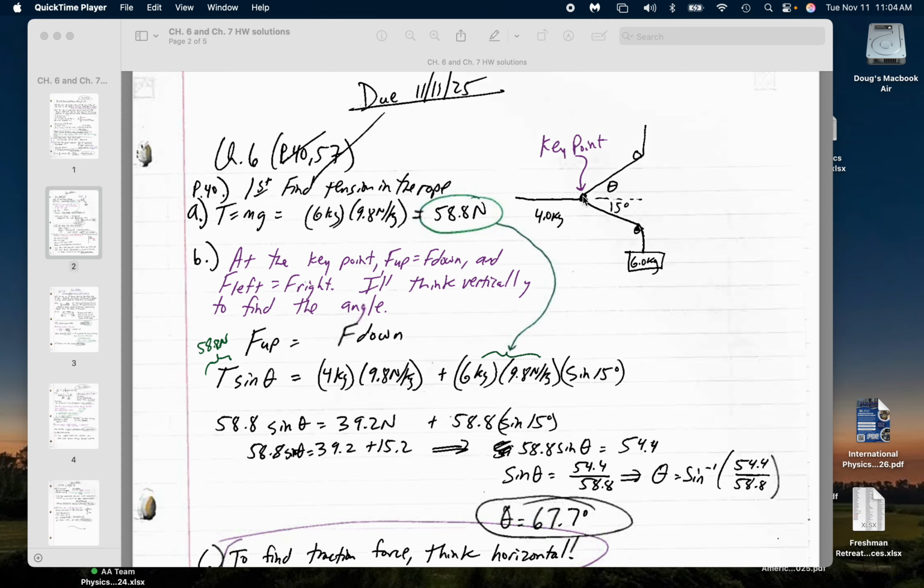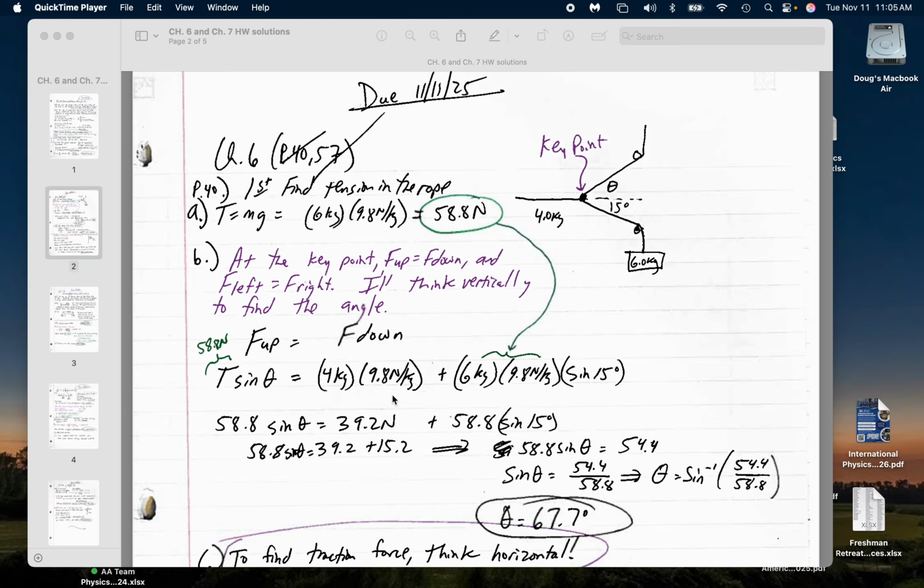And that would need to be counteracted by 58.8 newtons times the sine of this angle. So this upward component of the tension has to hold up both the boot and the tension going down. So basically I have force up equals force down. I know that T is 58.8 newtons.